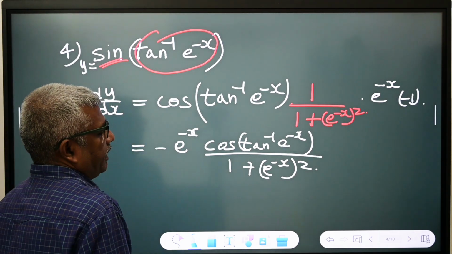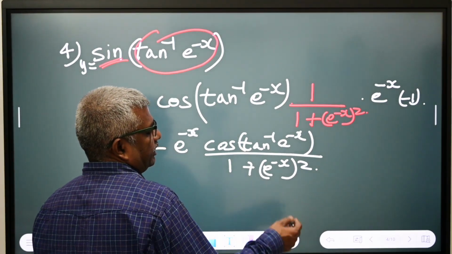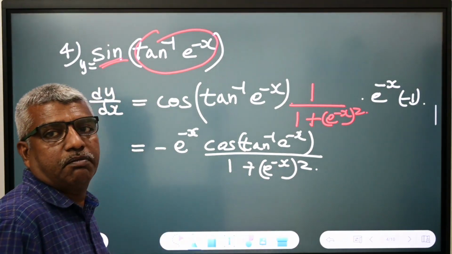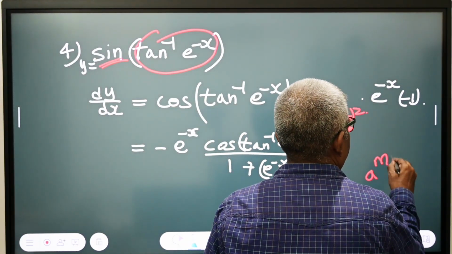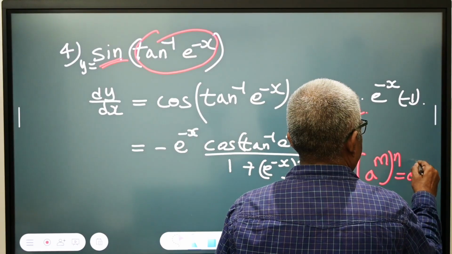One plus e power minus x whole squared: we can write a power m whole power n is a power mn.